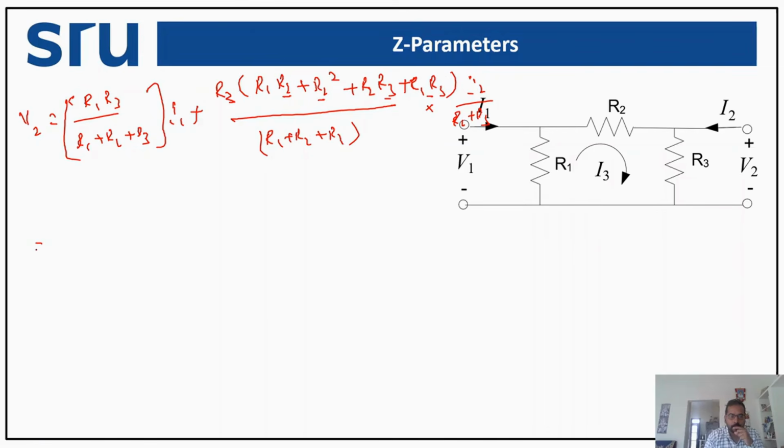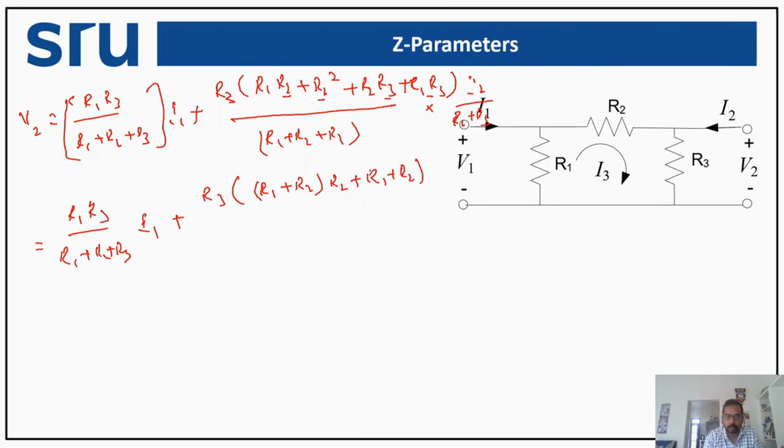So R1 R3 divided by R1 plus R2 plus R3 into I1 plus R3 into R1 plus R2 into R2 plus R1 plus R2 into R3 divided by R1 plus R2 plus R3 multiplied by I2 divided by R2 plus R3.